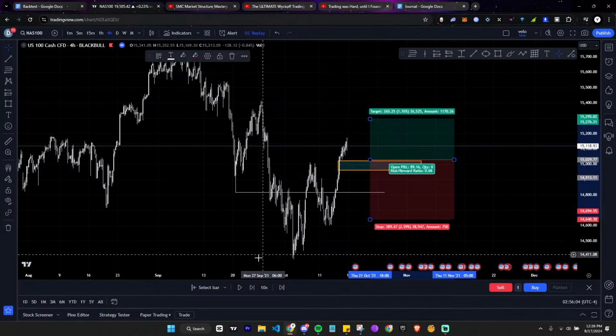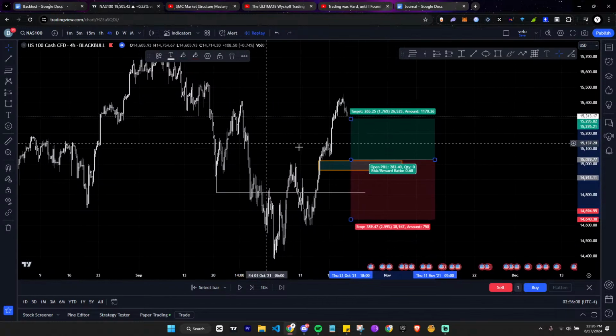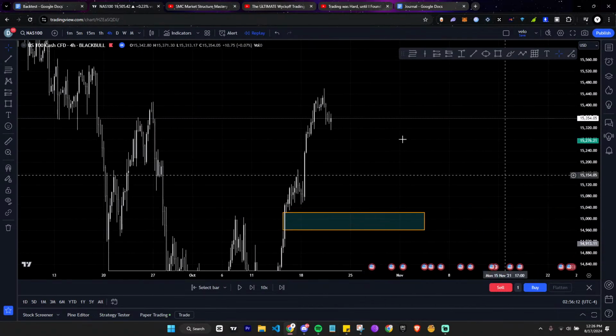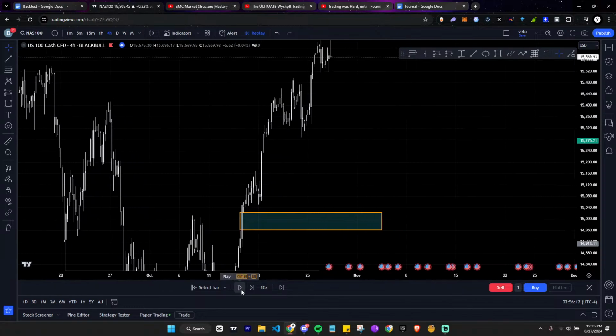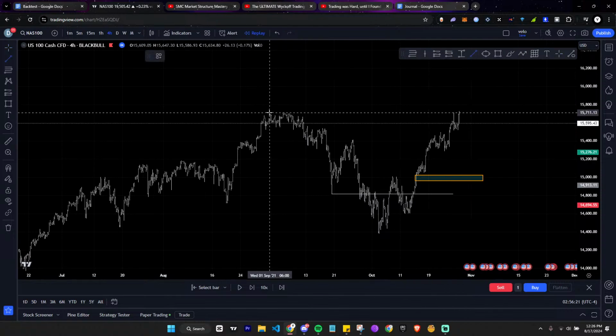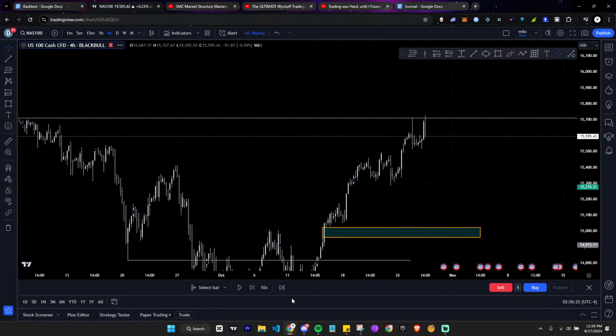So if it's confirmed as fair value area, then we can... nope, price just continues. At some point it should retrace back, let's see. It's alright.